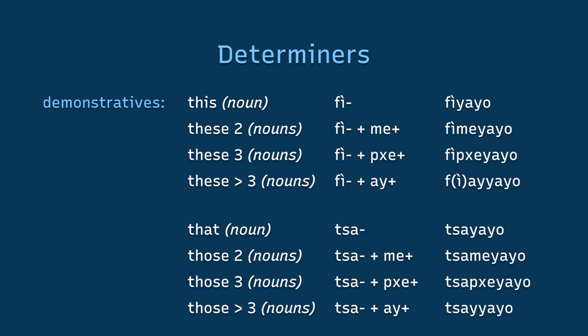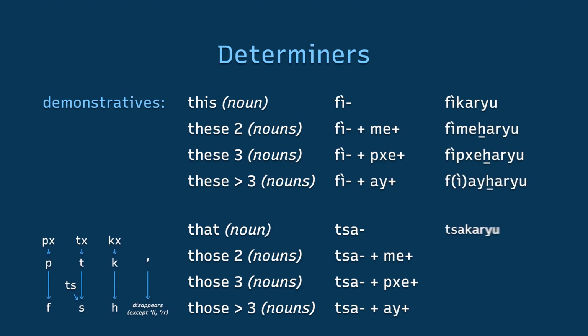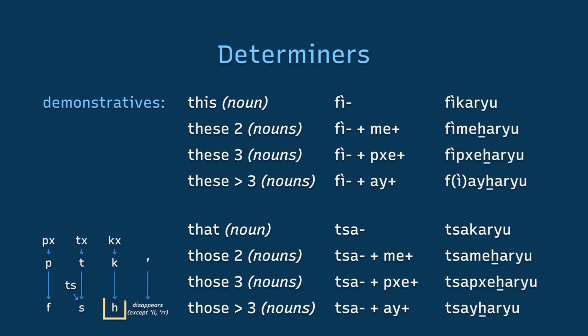Fe and ai generally combine into fai, and tsa and ai always combine into tsai. The lenition caused by the plural prefixes still applies when combining them with fe or tsa. By the way, in this case you cannot drop the ai to make a short plural, so fe hariu is not correct for these more than 3 teachers.